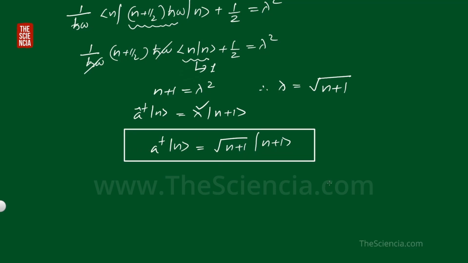This is the expression for the creation operator. When a creation operator operates on a certain state n, then we will get an eigenvalue, that is root n plus 1, and we will get a higher energy state, that is n plus 1. That is, the state is increased by 1.